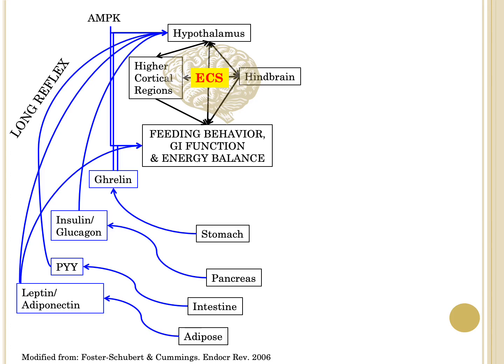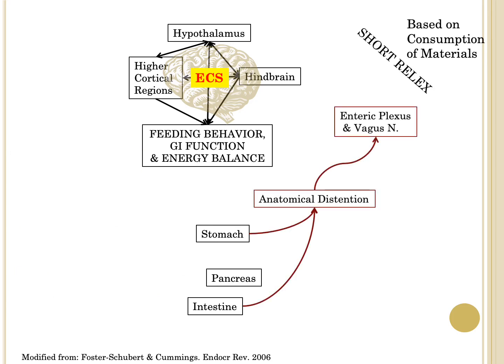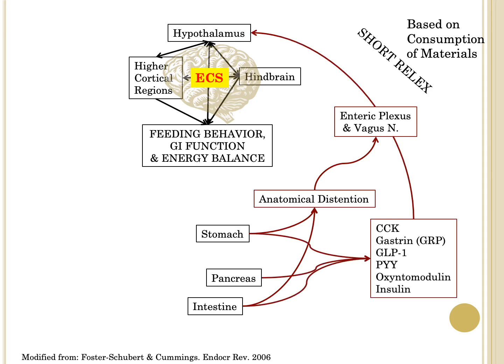As soon as we start to consume fuel sources, we start to initiate the short loop. The short loop starts to get initiated as we start to have changes of the anatomy of the alimentary canal. This is going to stimulate the vagus nerve through the enteric plexuses, which will head back and start to stimulate the hindbrain through reflexive loops off of the vagus nerve.